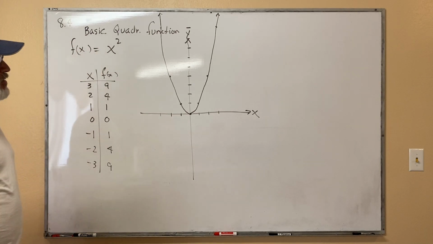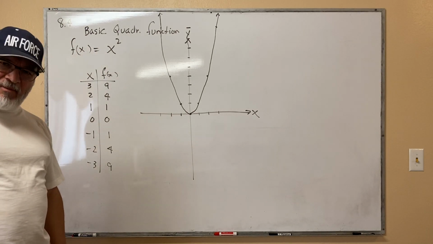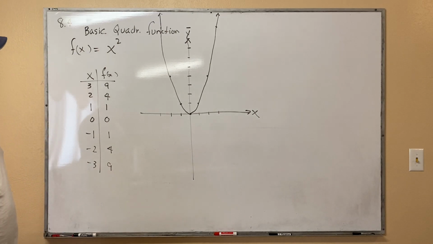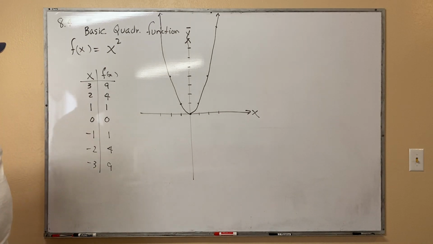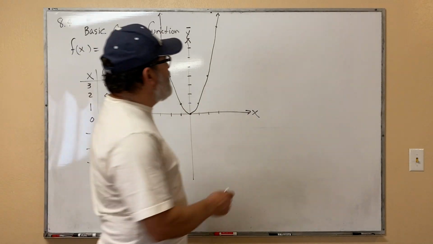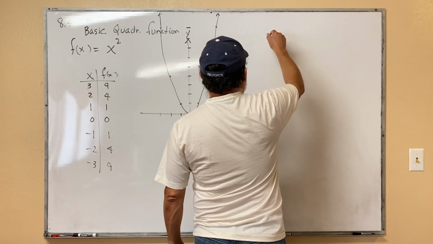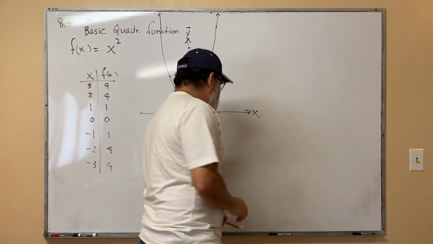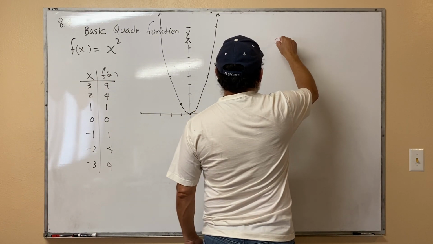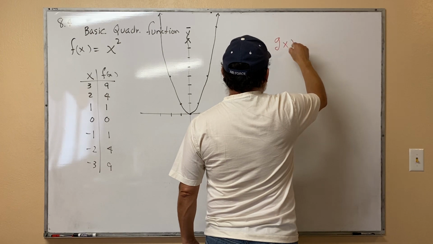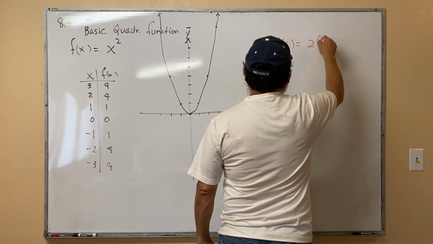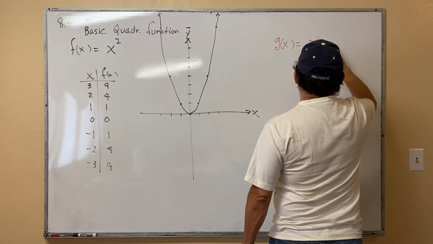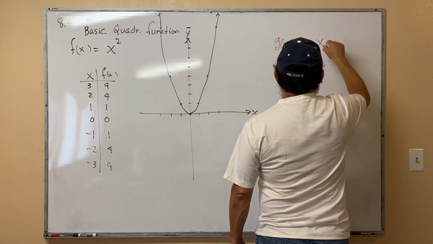Yes, we can mess with the basic parabola. Watch this. Let me call this g of x, and I'm going to do this one in red. G of x equals 2 times x squared.